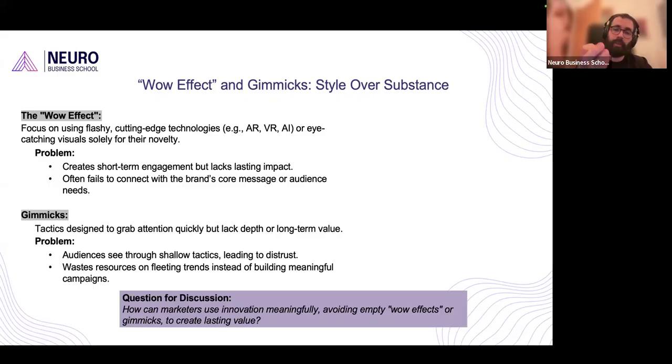So if you decide to use these cutting edge technologies, it's so cool, it's fine, but try to do it wisely, with a reason, with something that has sense. Don't try to sell, I don't know, olive oil with a video in virtual reality with MetaQuest goggles, it has no sense. So if you really want to sell something with this kind of cutting edge technologies, try to make this have sense.